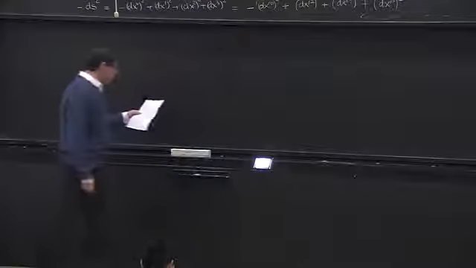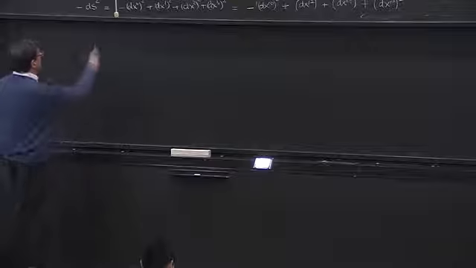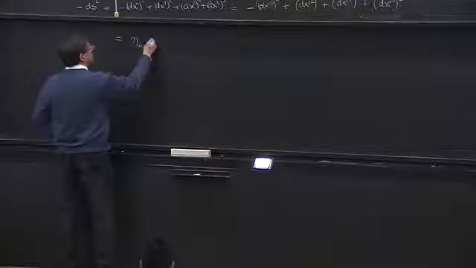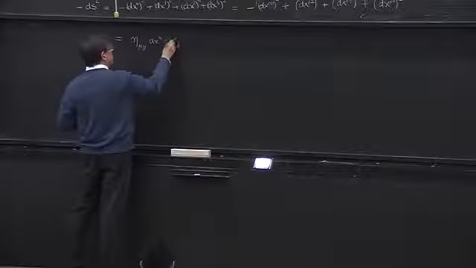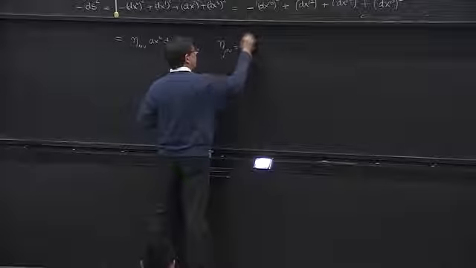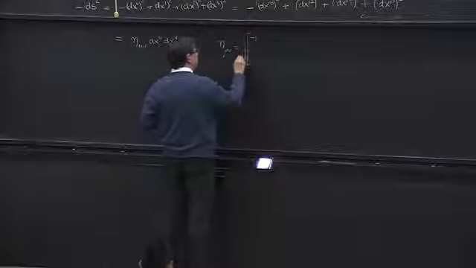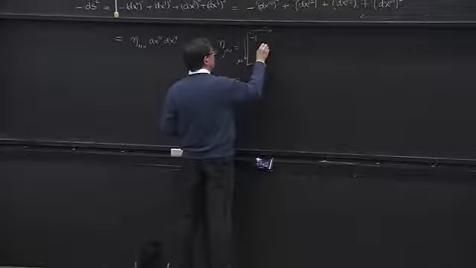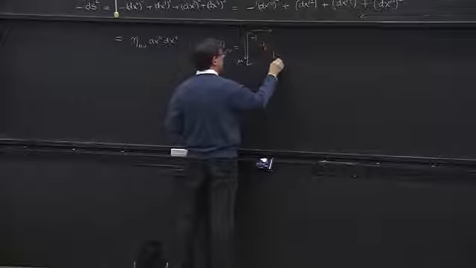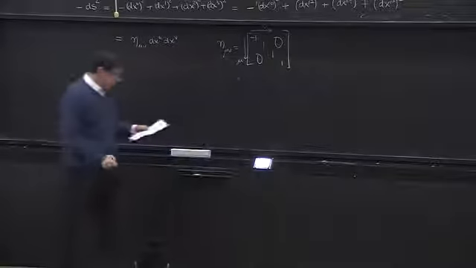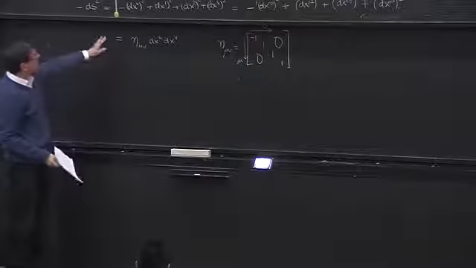And we write this as eta mu nu dx mu dx nu, and eta mu nu is a matrix where the first index is the mu, the second index is the nu. It has minus one, 1, 1, 1, and zeros elsewhere. This is the so-called Minkowski metric.